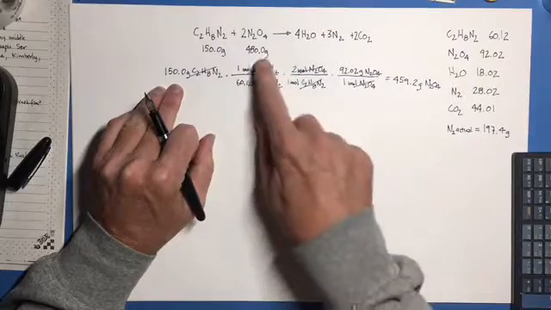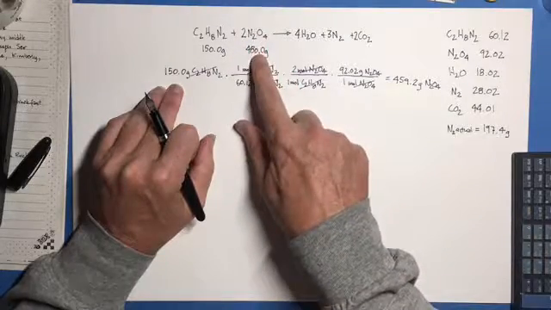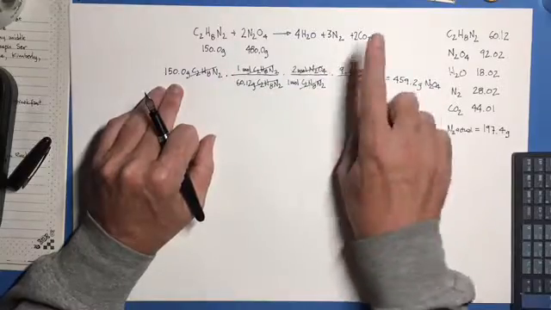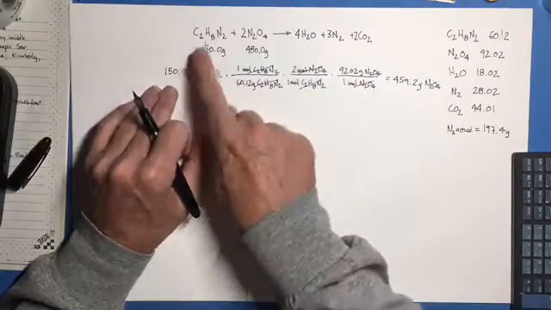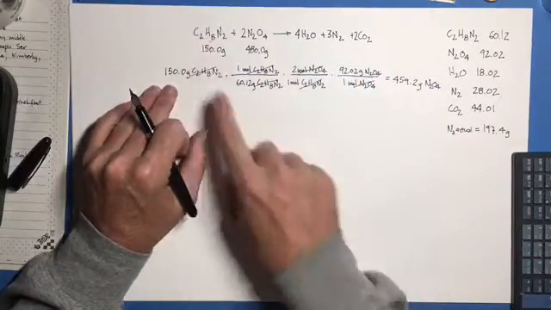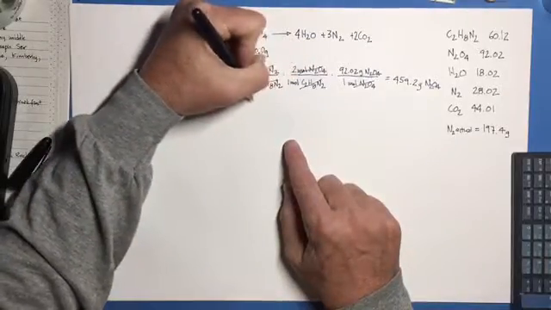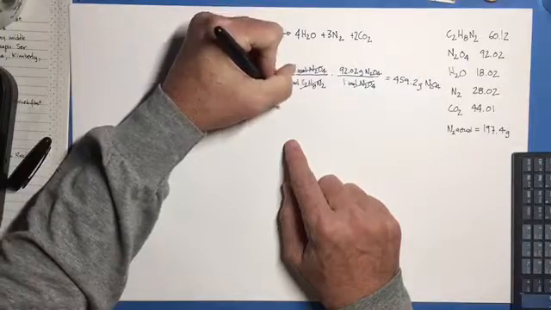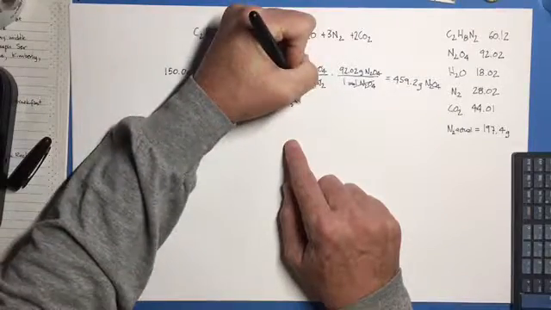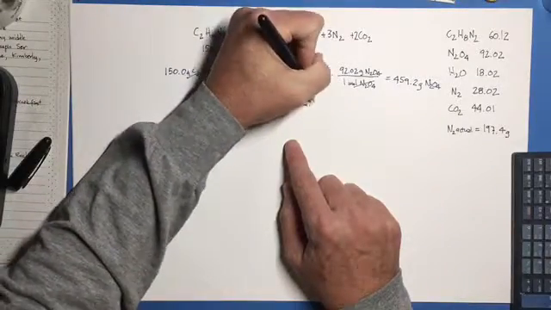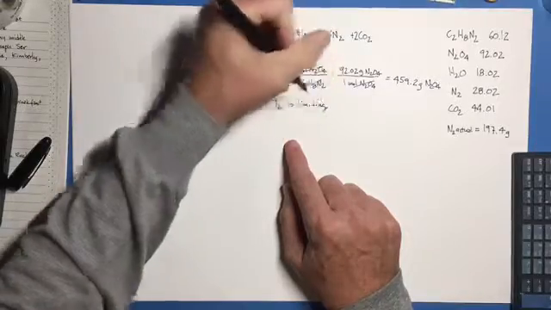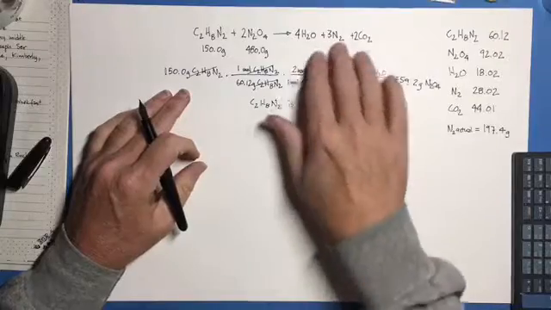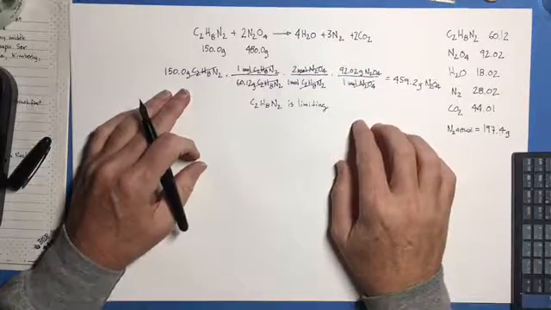So I have more dinitrogen tetroxide than I actually need. That means that this reaction is going to be limited by how much dimethylhydrazine I have. So this tells me straight away that C2H8N2 is my limiting reactant. That's what's going to determine how much of all the products I get.